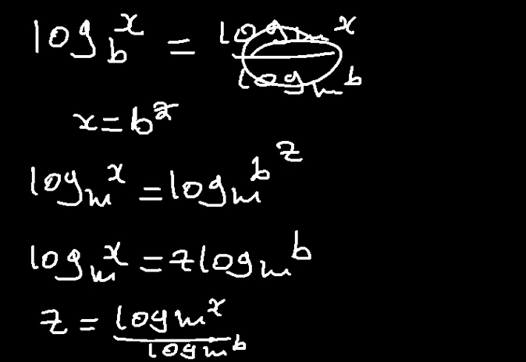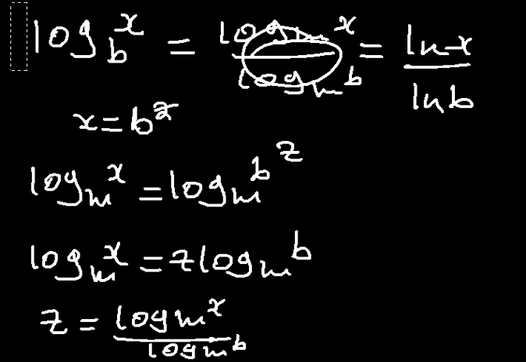This is the principle behind it. On the same case, this is the same as ln x over ln b, if we are to express this in terms of the natural log.